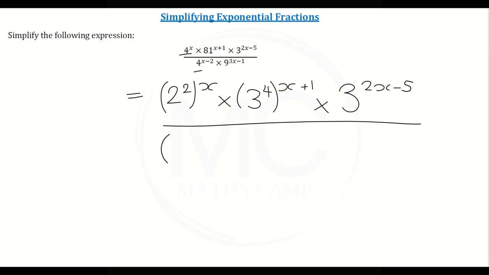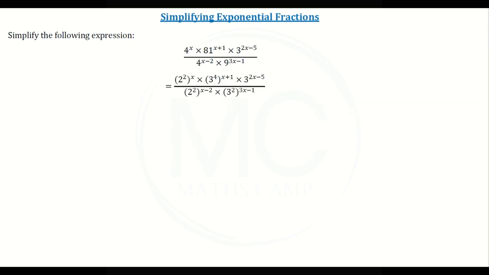Once again, it's 2 squared, with an exponent of x minus 2, multiplied by 9. We know that 9 is 3 squared. I can say 3 squared with an exponent of 3x minus 1.